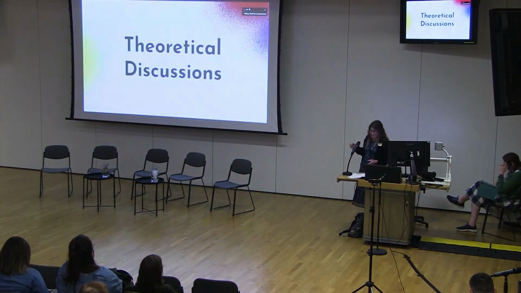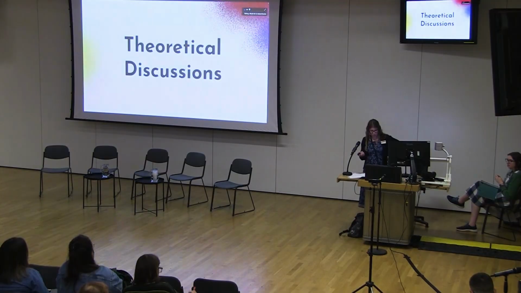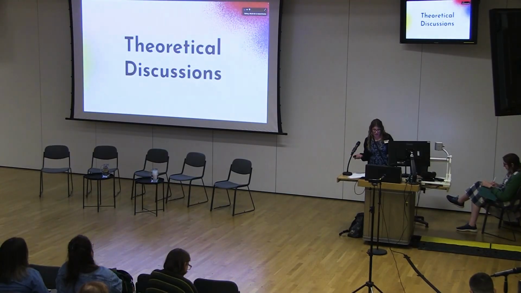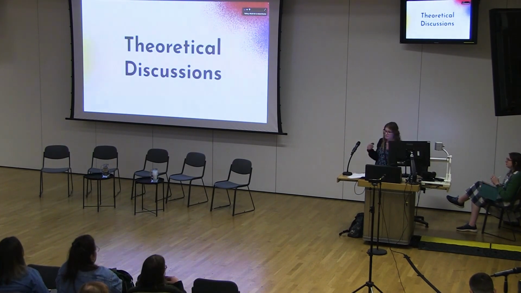So the remainder of my presentation today will be spent on those theoretical discussions surrounding the nature of AI and its relationship to Western art history. So again, a little bit of background here. Before becoming an art librarian, I was an adjunct professor of art history, and I often had versions of these theoretical discussions without the consideration of AI, as in-class debates, homework assignments, or more formal graded projects.